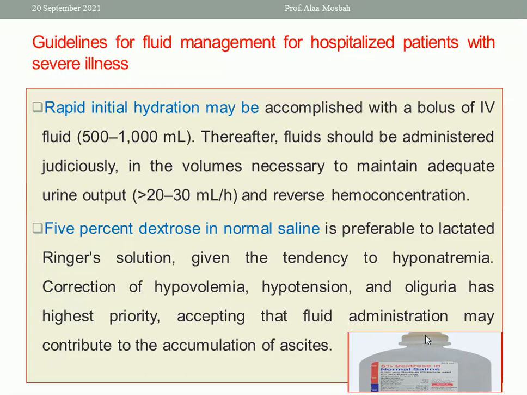So my target is to improve the hypovolemia and to improve the hemoconcentration and increase organ perfusion like kidney and so on. 5% dextrose in normal saline, as in this picture, is preferable to lactated Ringer solution, given the tendency to hyponatremia. Correction of hypovolemia, hypotension, and oliguria has the highest priority, accepting that fluid administration may contribute to the accumulation of ascites. Be careful about this.